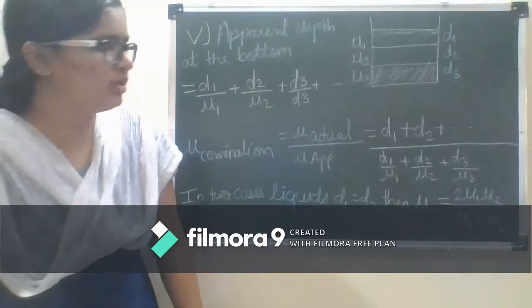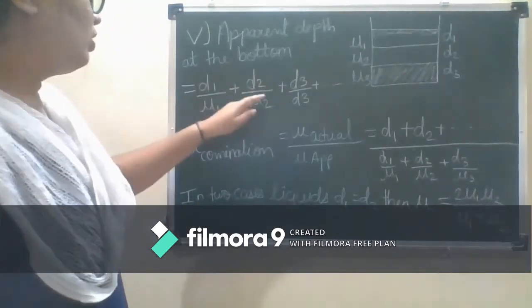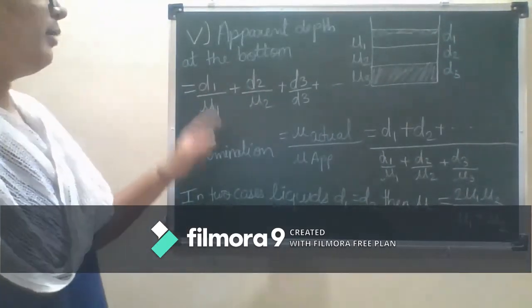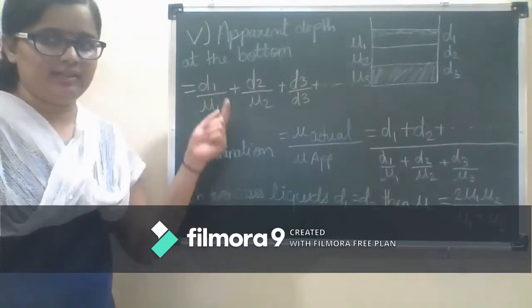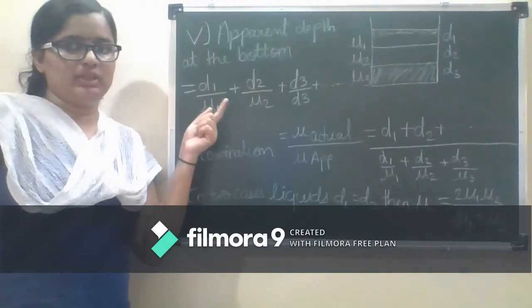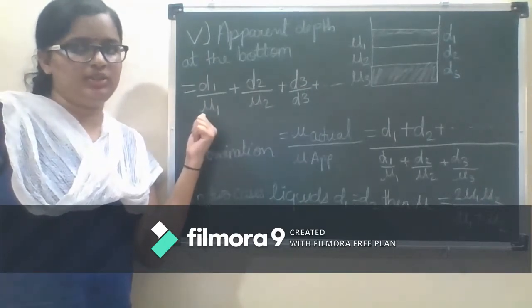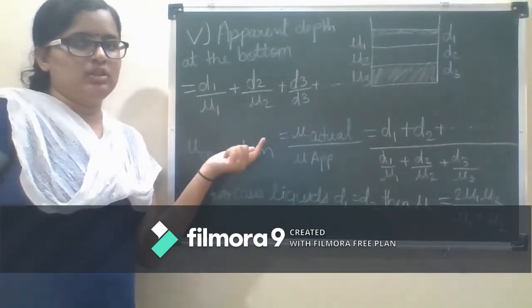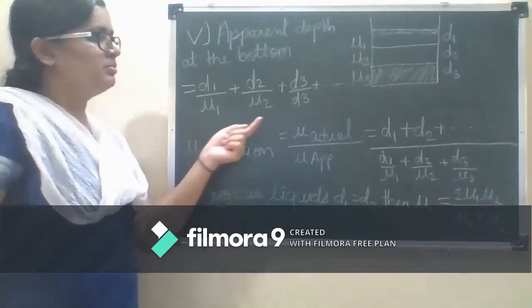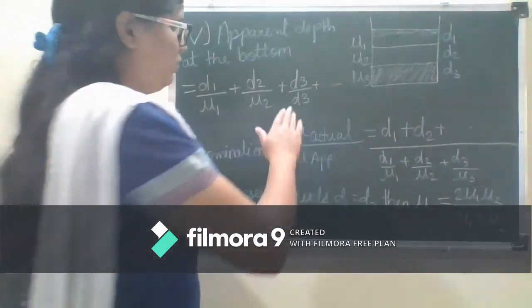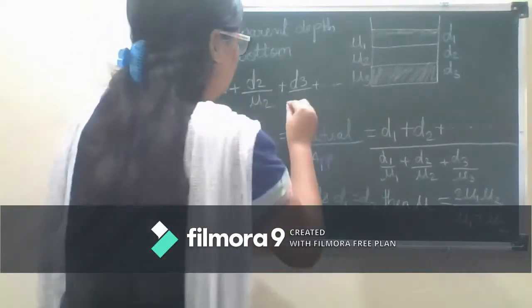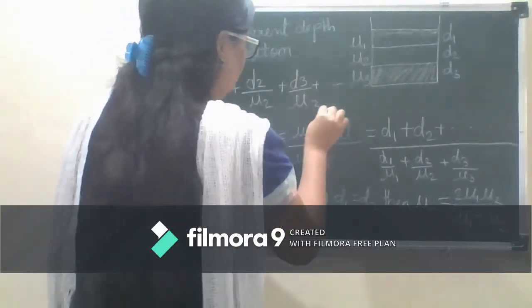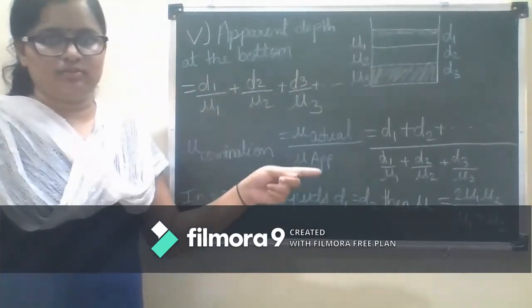So the apparent depth of the bottom we will write as d1 upon mu1 plus d2 upon mu2 plus d3 upon mu3, and so on.